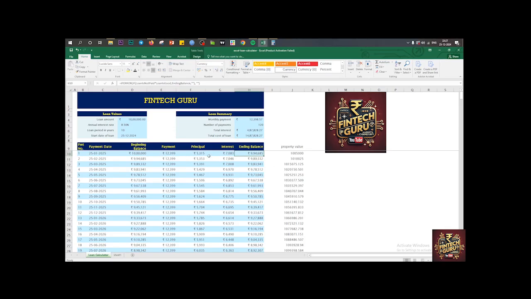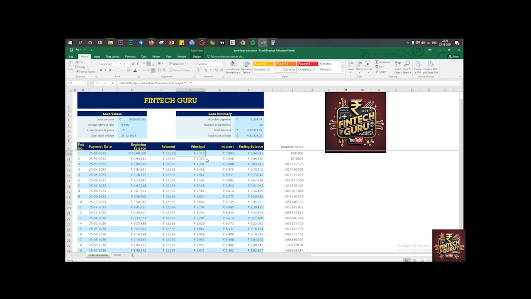It's not 12,400 reduced. Only the principal portion is reduced. What these financial institutions do is they split this principal and interest portion, and as far as banks and financial institutions are concerned, it is their business, so they are more interested in their income.